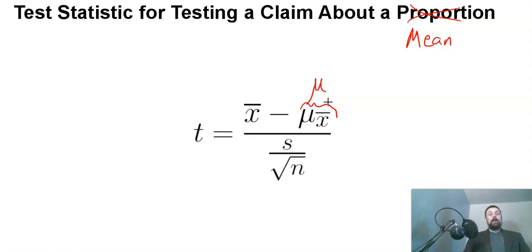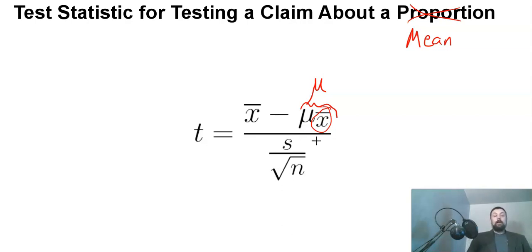So when I rewrite this formula as we go through these problems, I don't write this part of it because it simplifies to just the mean, which we get from the null hypothesis. We're going to assume that the population mean is some value in the null hypothesis, and that's what we're going to plug in here. And that just so happens to equal this because of the central limit theorem.